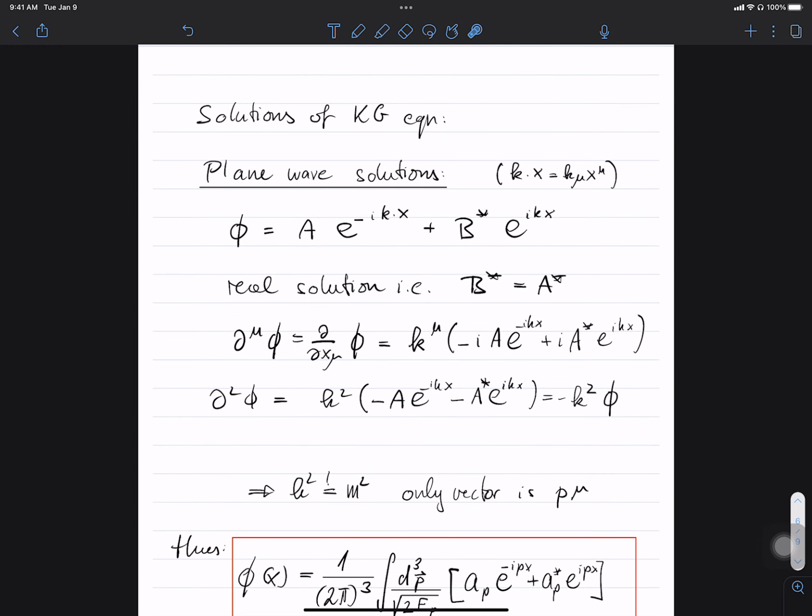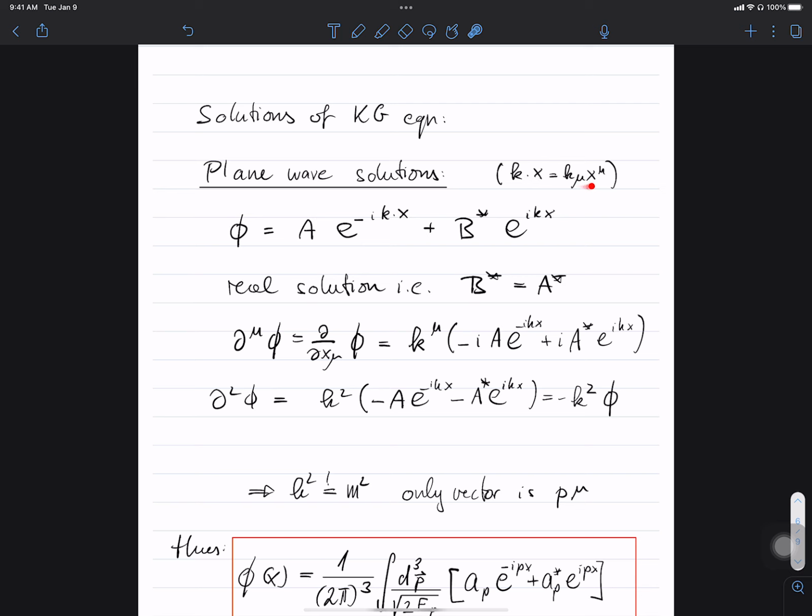Finally, coming to the solutions of the Klein-Gordon equation, a simple way to generate solutions is by plugging in the plane wave solution ansatz. So it's just e to the i kx, where x is the space coordinate and k is the momentum vector, or the wave vector, better to say.